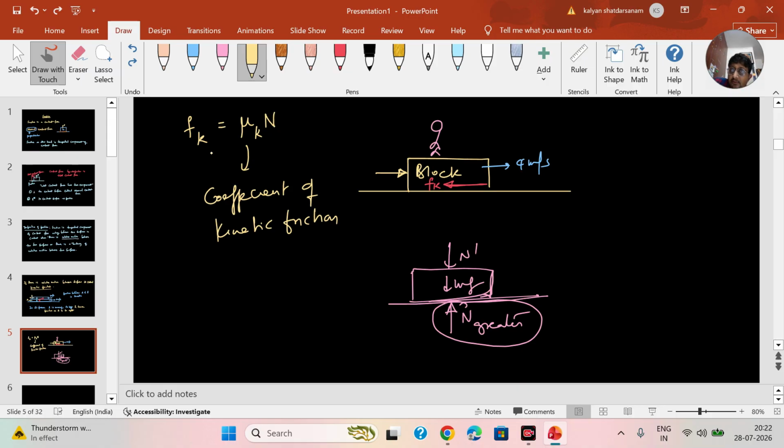It tells you something about the roughness of the two surfaces in contact. If the two surfaces in contact are very rough, then mu k will have a higher value. Or if they are relatively smooth, mu k has a lesser value. If there is no friction between two surfaces, mu k could be 0.